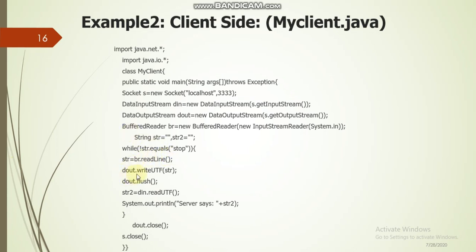The message to be sent, the output, will be in UTF format, and it is the one read from the keyboard, stored in a variable str. Now, str2 will be storing the data input stream sent in the form of UTF.